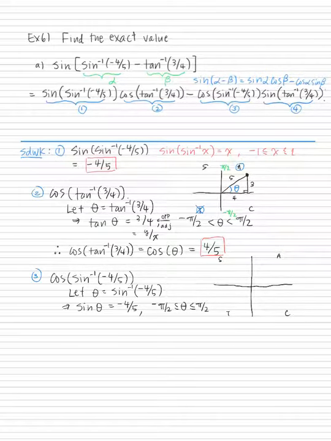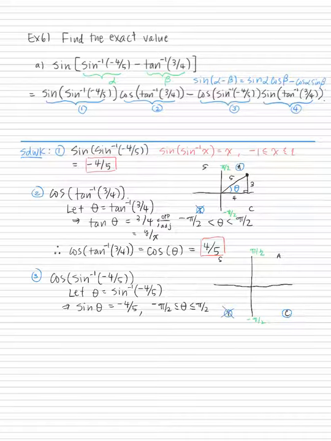Okay, so in this case, our sine value is negative because we have a -4/5. So sine is negative in quadrant 3 and quadrant 4. But theta better be between -π/2 and π/2. And so that means what?